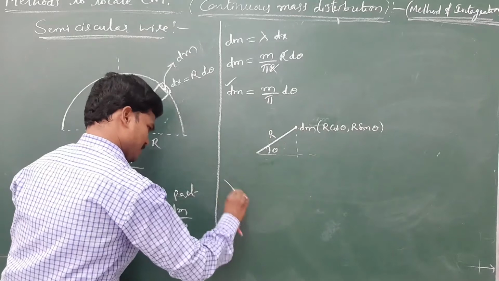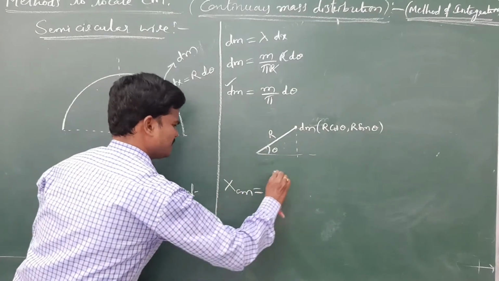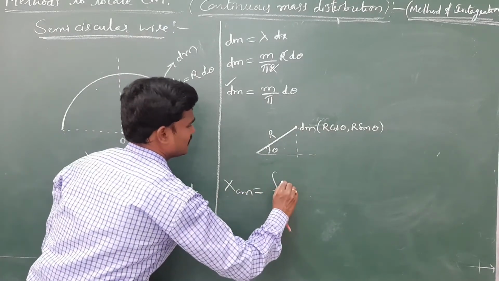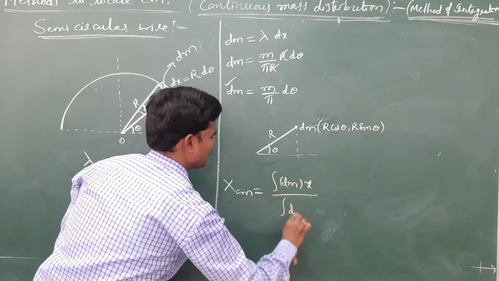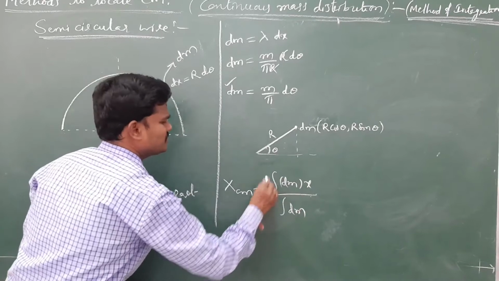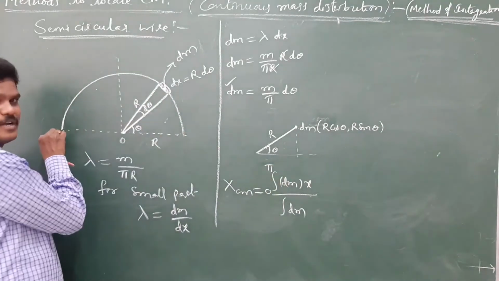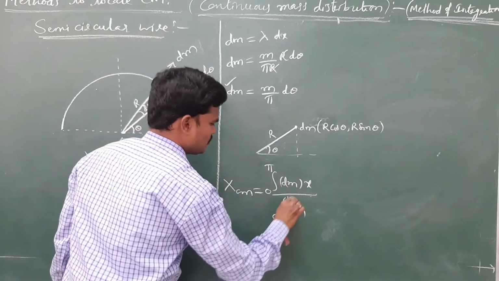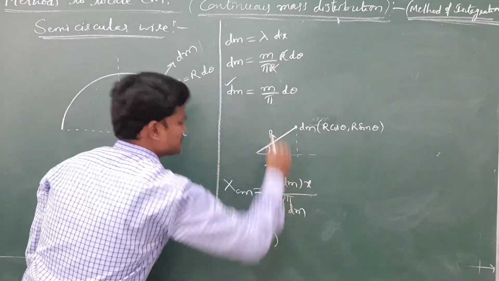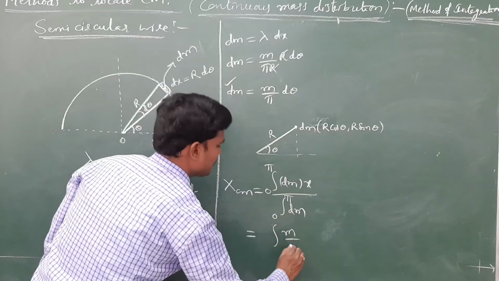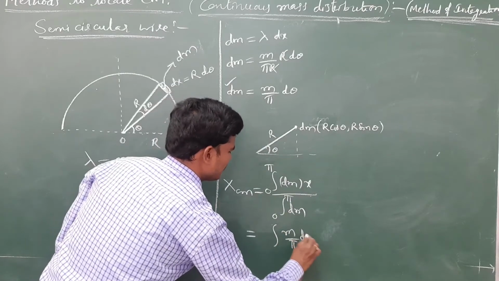So let me try xcm. Integration of dm into x coordinate by integration of dm. Limits are 0 to pi, semicircular wire.